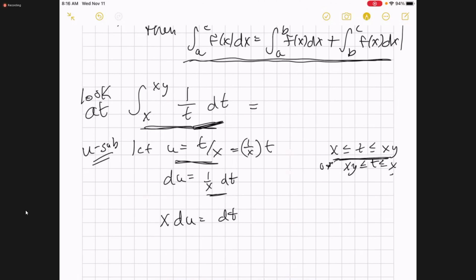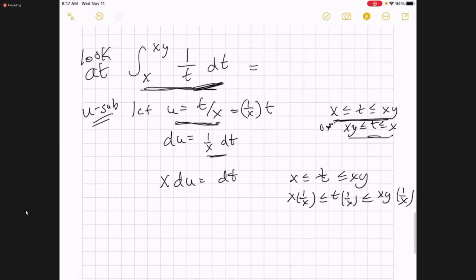Okay, I don't know which way this inequality goes, whether it's this one or this one. But I'll just look at this first. All right, t over x. So if I multiply through by 1 over x, x is positive, so the inequalities stay in the same direction.